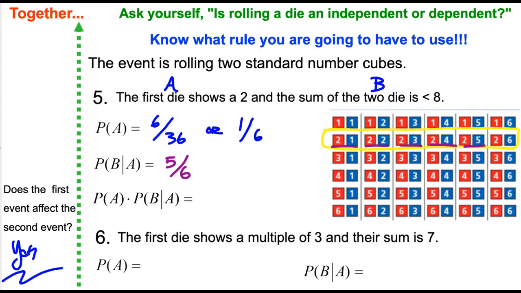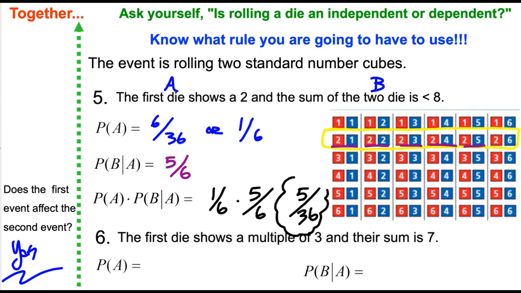So now the probability of both of them happening is the product of the two. And so the product of the two now is going to be 1/6 times 5/6. Okay, so the probability you roll 2 dice and the first one's a 2 and the sum is less than 8 is going to be the product of 1/6 and 5/6, which is 5/36.